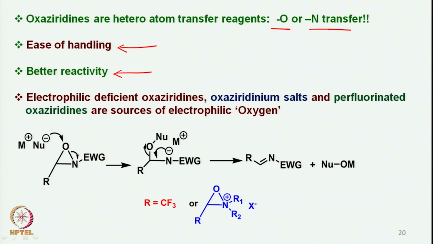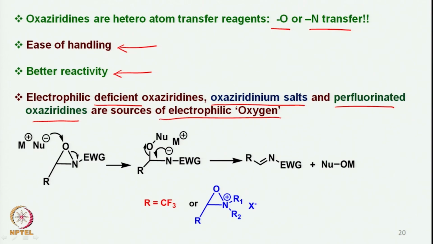Now, there are several ways by which one can make oxaziridines with the property of electron deficiency. For example, oxaziridinium salts or perfluorinated oxaziridines are sources of electrophilic oxygen. How?